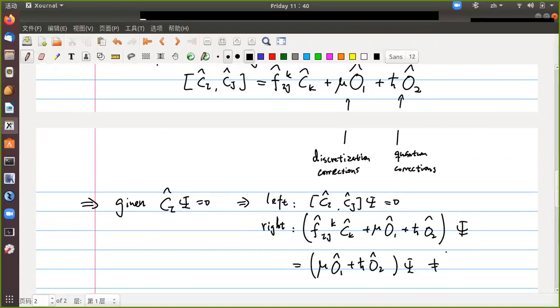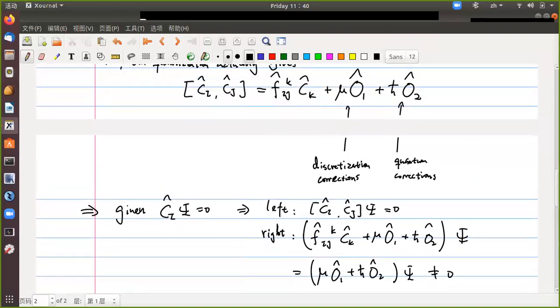Apparently it is not consistent. So it means that our procedure fails.